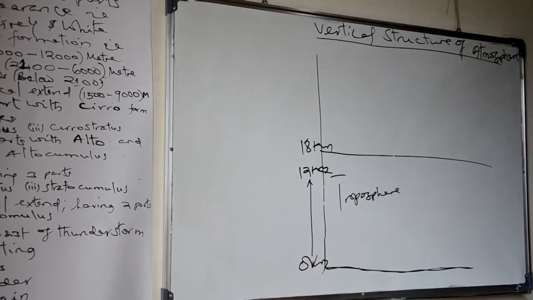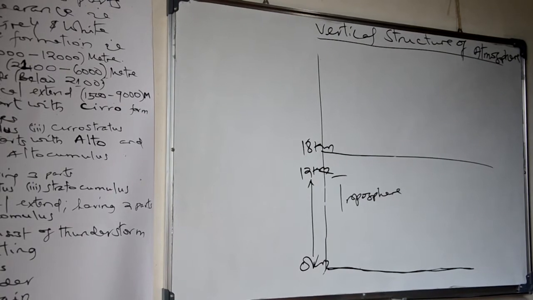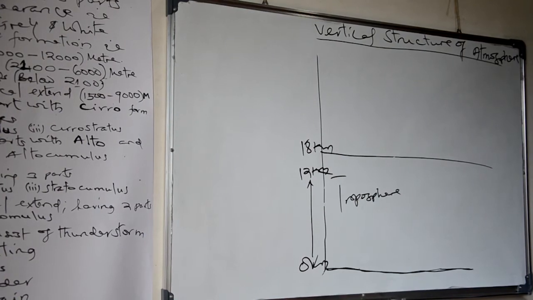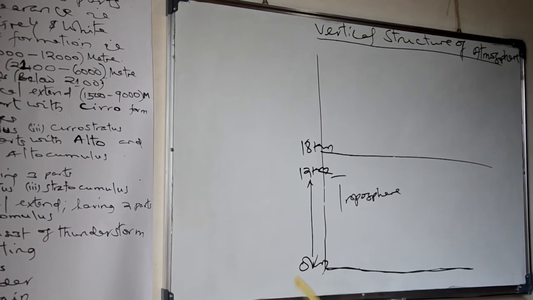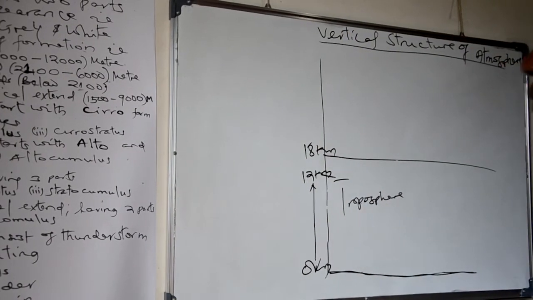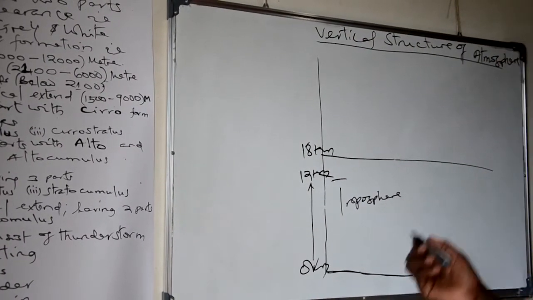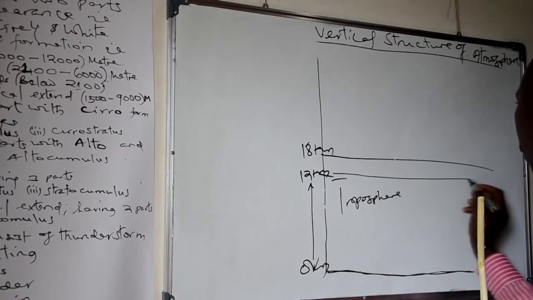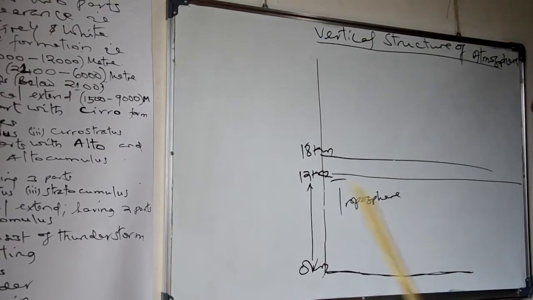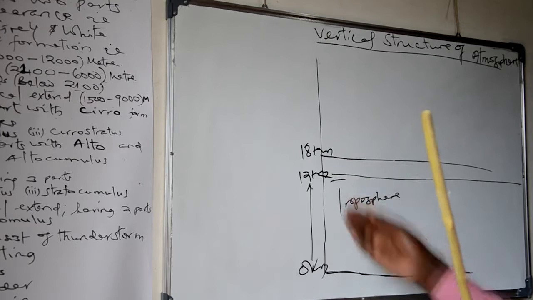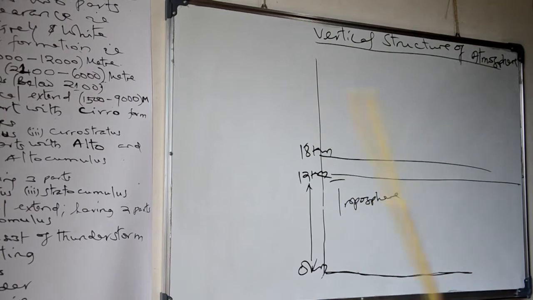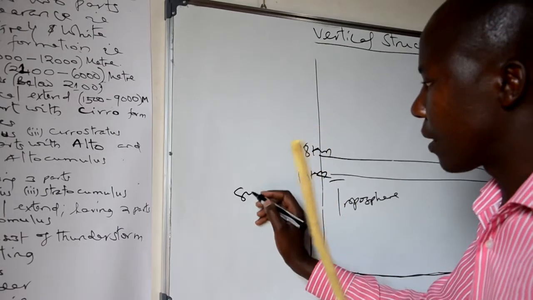Let's study the classification of cloud according to height and its appearance. For instance, high level cloud. These are the ones at the highest level, and their names start with the prefix cirro. At high level, cloud formation takes place and the clouds there start with the word cirro.